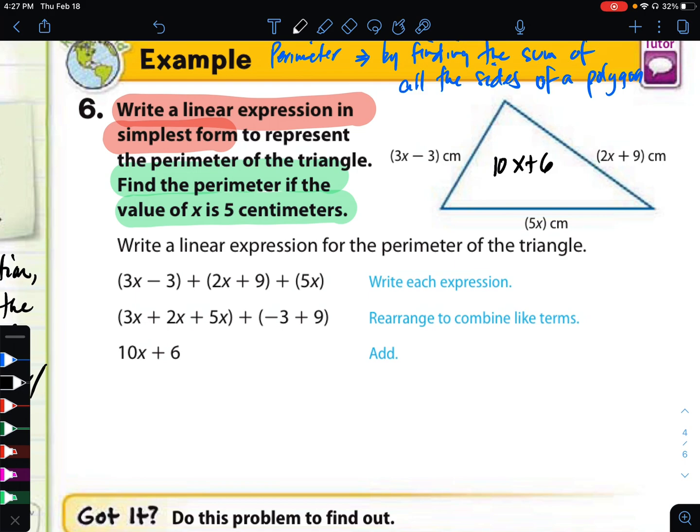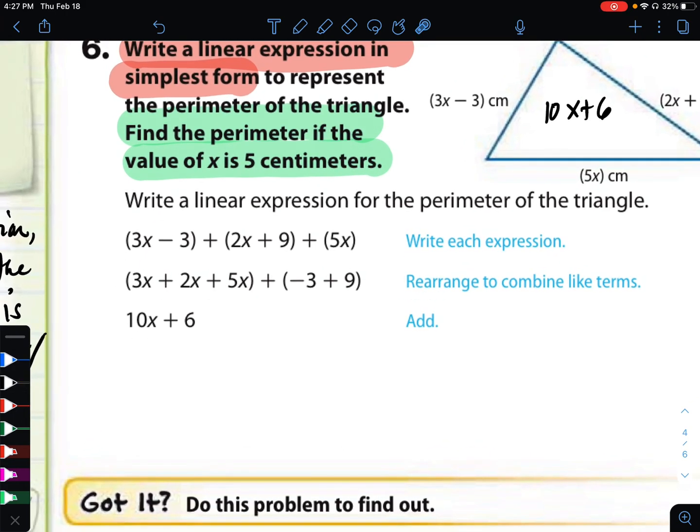The second question being asked of us is to find the perimeter if the value of x is 5 centimeters. Since x is equal to 5, we substitute that 5 for our x.